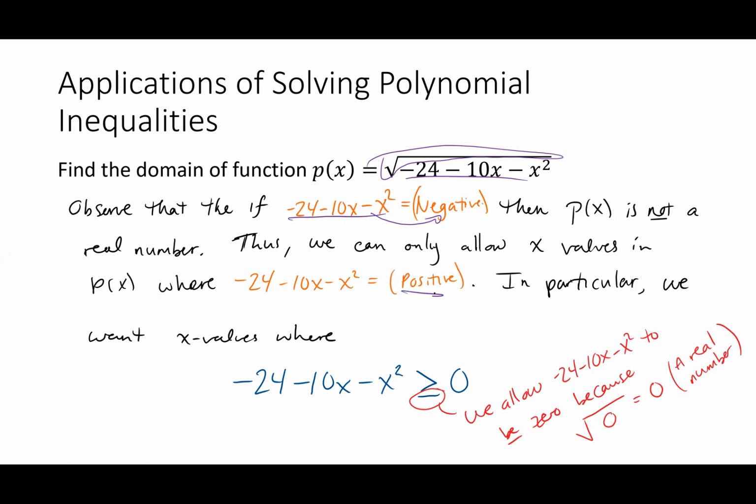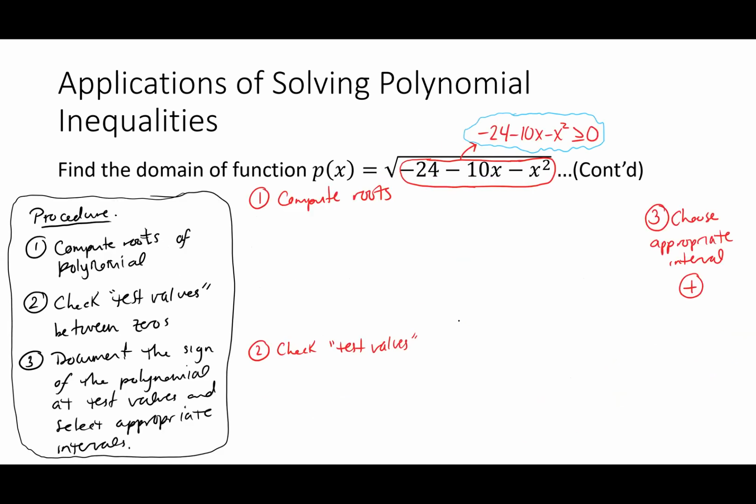Now, as a note, we can also allow 0. 0 technically isn't positive or negative. So 0 and above, we're allowed to put under this radical, and it fits in the domain of p of x. So what we really want is a solution to this inequality. That's when we're going to find the domain.